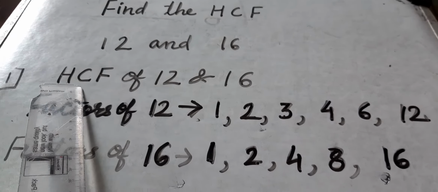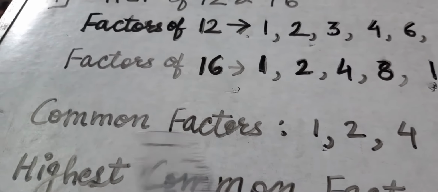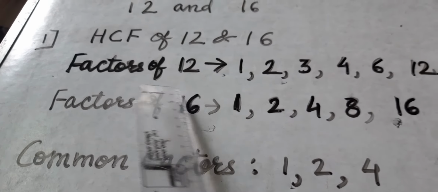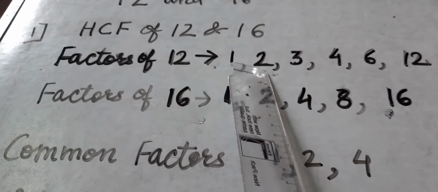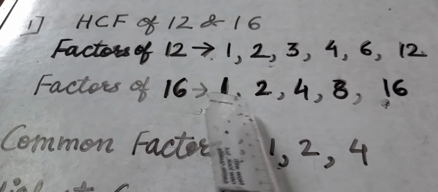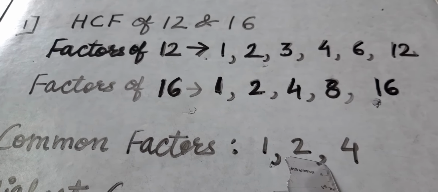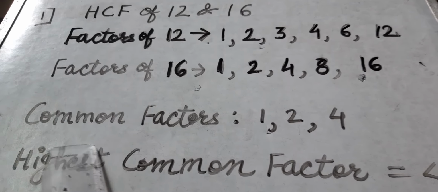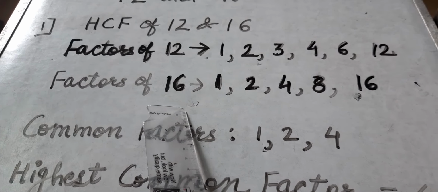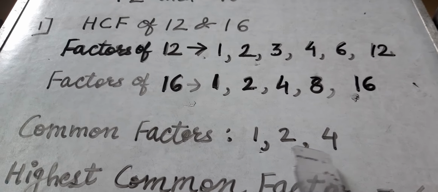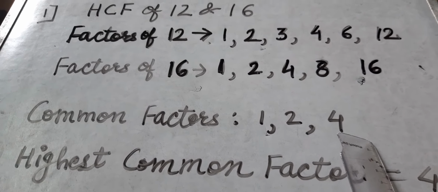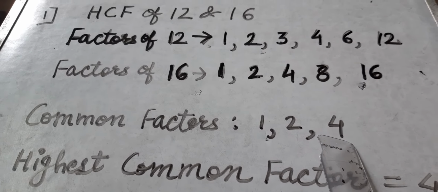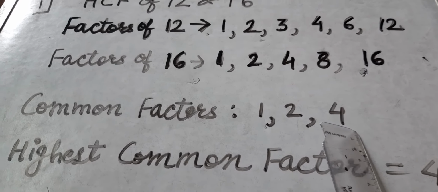As it is the highest common factor, first we will write down the common factors. In 12, 1, 2; in 16 also 1 and 2. These two are common and one more, 4, is common. So the common factors of 12 and 16 are 1, 2 and 4. Among these, 4 is the highest or biggest number.